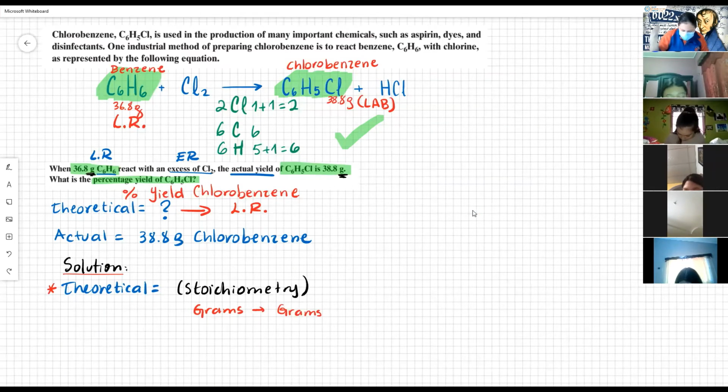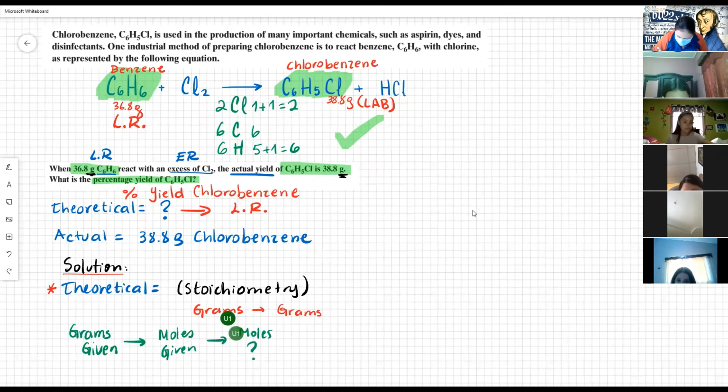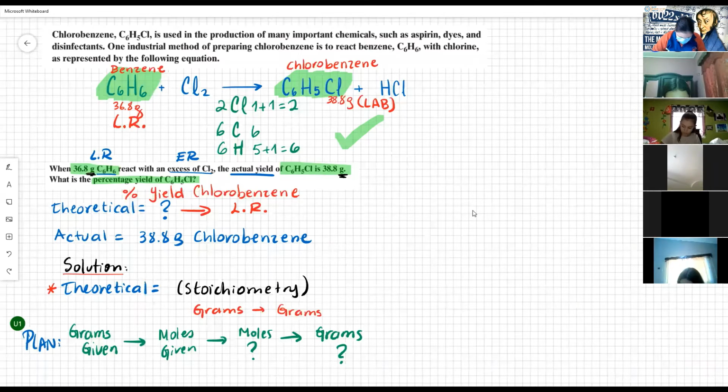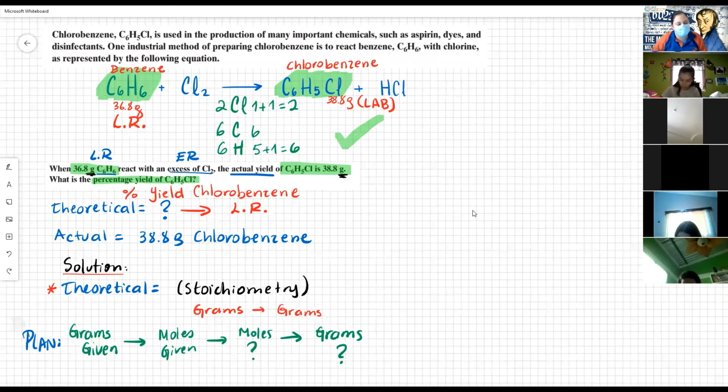So when you have grams and you're looking for grams, the path is grams given to moles given to moles unknown, and then finally to grams unknown. That is your plan, okay? That's your plan.